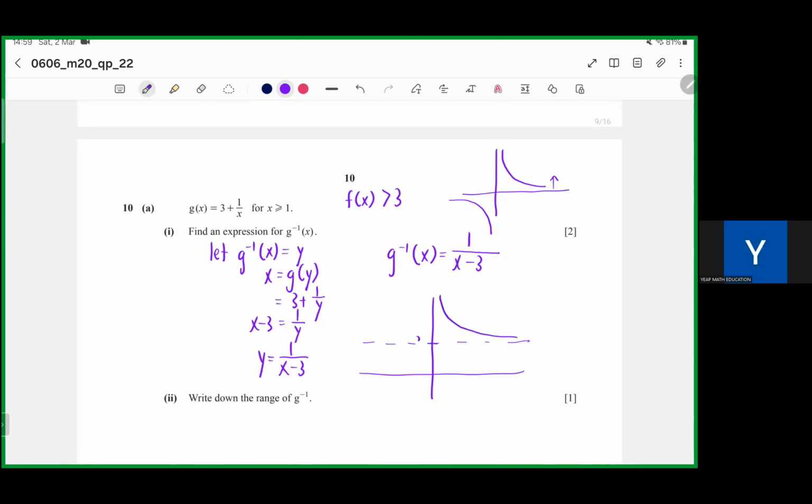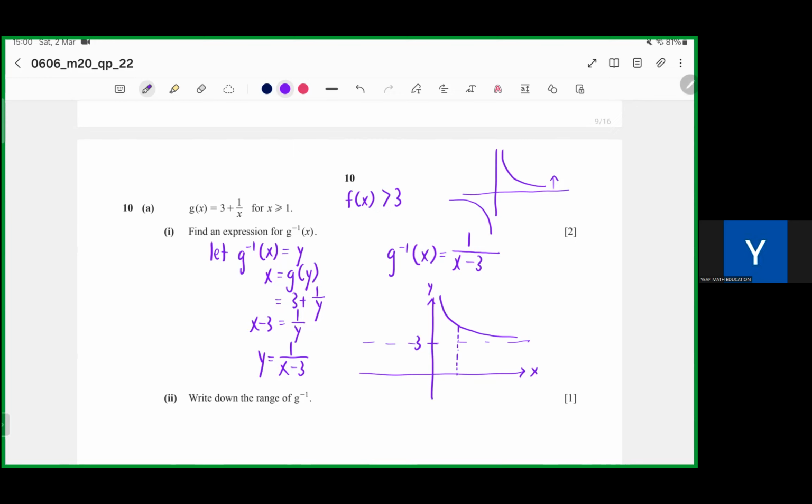Here is 3. Now the domain is 1. It means x should be more than 1.